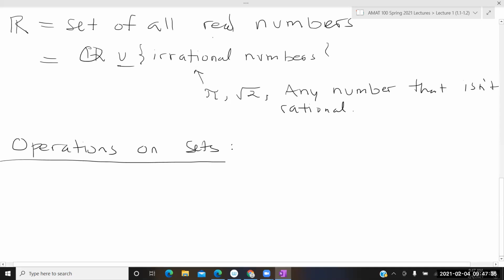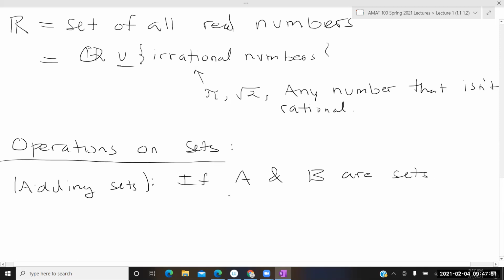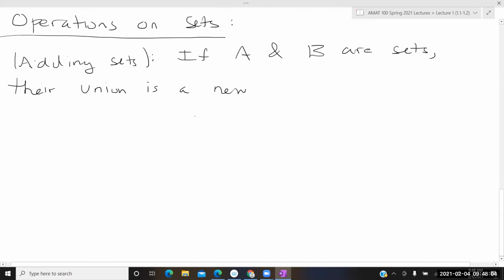And so the first way is, in some sense, adding sets. I'll put this right here, adding sets in parentheses. So if A and B are sets, we can define their union, which is a new set built from A and B. It's probably just what you would imagine it to be.